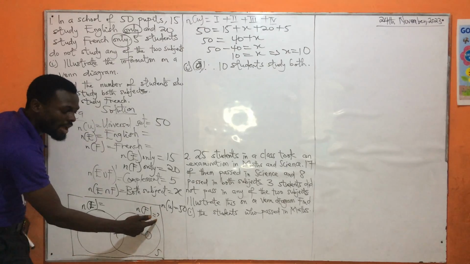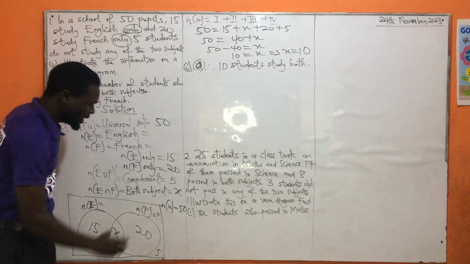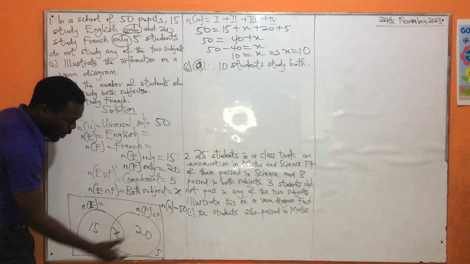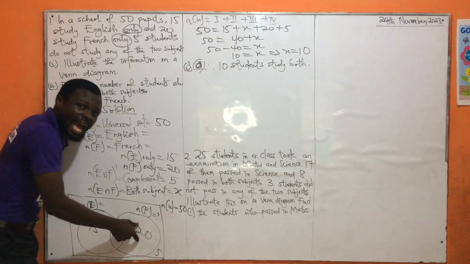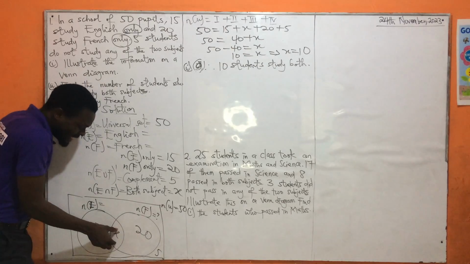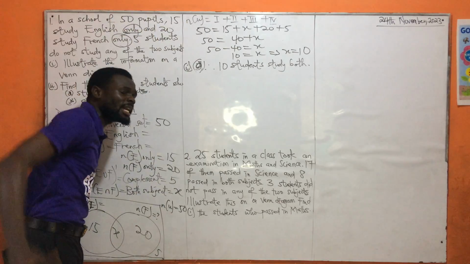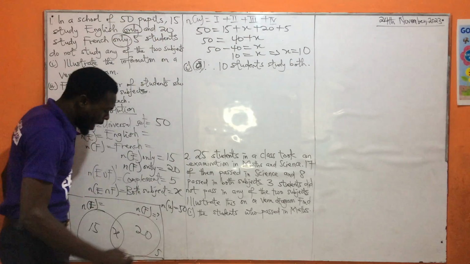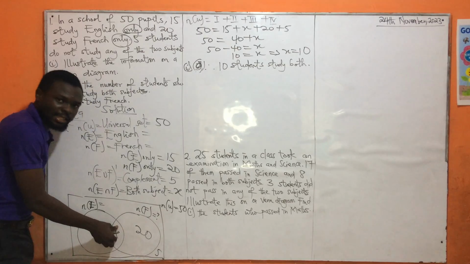Now the number here, it has been explained in our previous video that if you want the number here, we are going to add region II to region III. This is only. And those here, they studied English, they also studied French. So if I want the general number of students that study French, I am going to add the French only to the intersection.